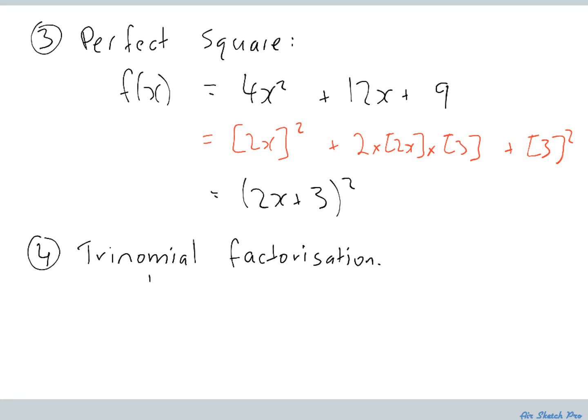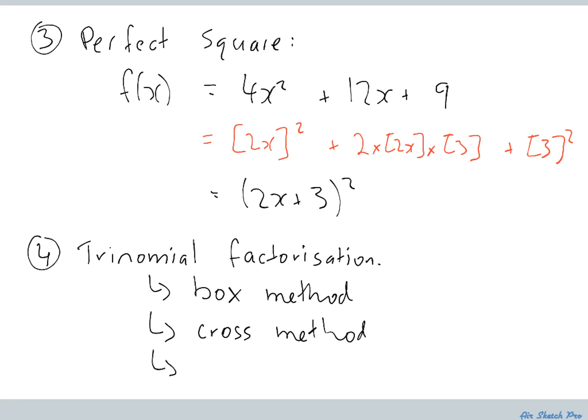Now, there's the box method, there's the cross method, or there may be other methods as well. Typically, you'd be looking at a trinomial that looks easy enough to solve. Okay?